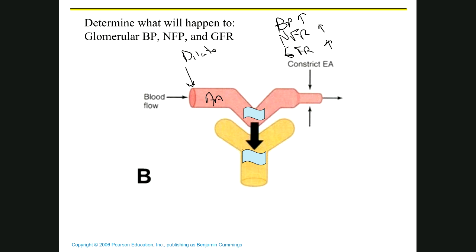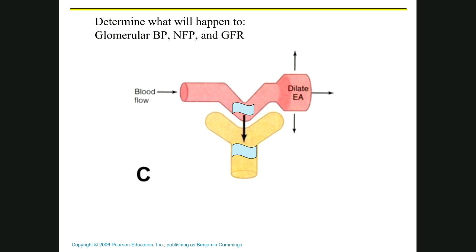And then look at this one, though. I didn't change this one now. What I'm changing is here. I've dilated the efferent arteriole. So the same amount of blood is going to come in, but is it easier to get out or harder to get out? It's easier. So blood's going to flow out really, really easy. So what's going to happen to blood pressure in here?